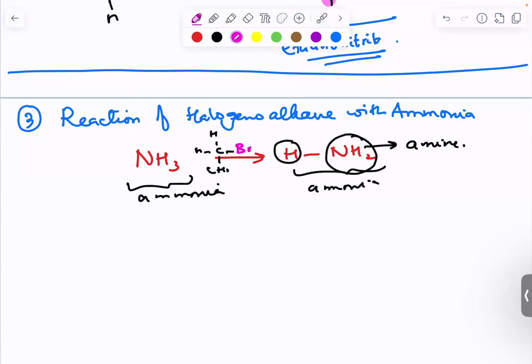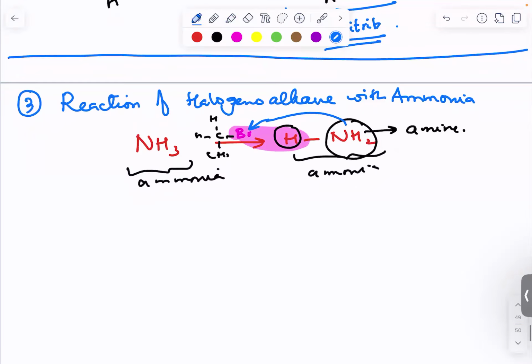So you know what? Let me highlight, HBr would be formed, and NH2 will take its place here. So this would be amine. Are you getting my point, Zena? Yeah. All right, so this would be the overall reaction, but in your book they have given it in a different way, but I'm going to follow that.